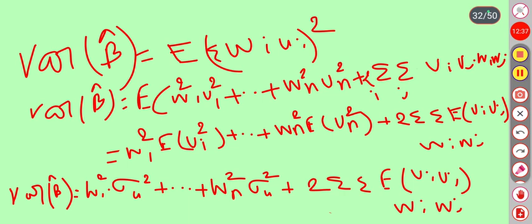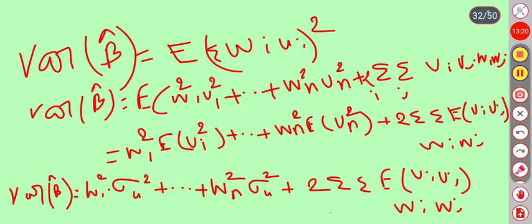So taking the term w1 square and expectation on the random part, that is expected value of u1 square, similarly plus taking w2 square and expectation of u2 square, taking outside w3 square and expectation of u3 square, plus and finally we get wn square into expectation of un square plus 0, because we know the expected value of ui uj is equal to 0.